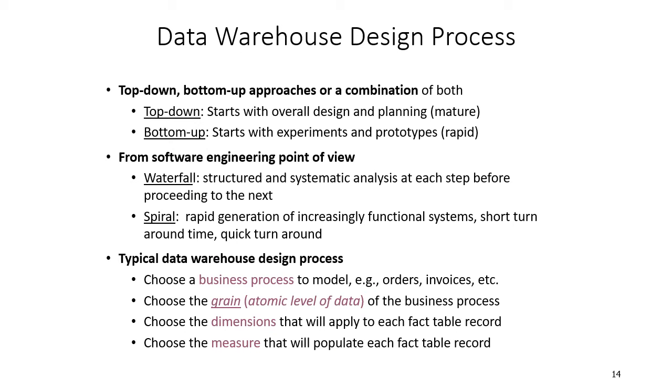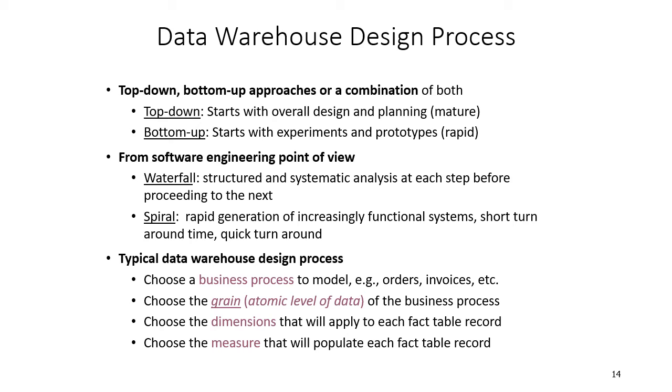So now we'll talk about data warehouse design process. There is top-down or bottom-up approach, or a combination of both. Top-down starts with overall design and planning, and it is a good idea. But sometimes we need to finish the work quickly.